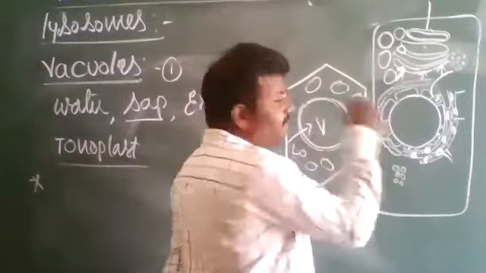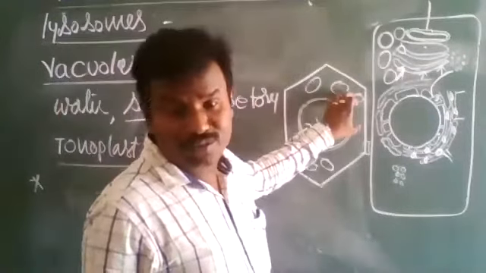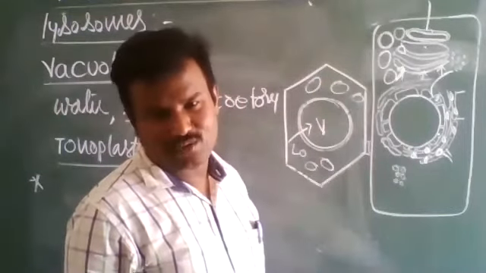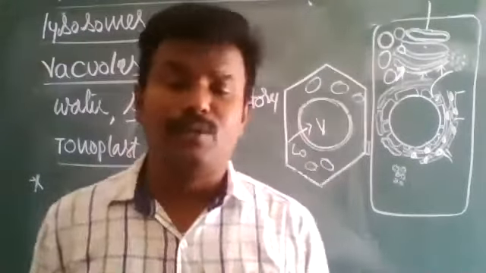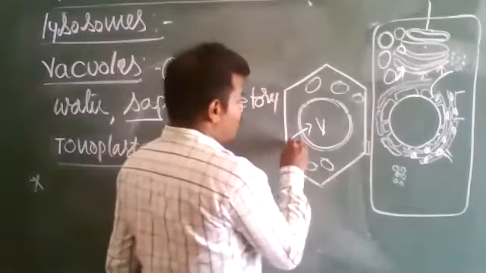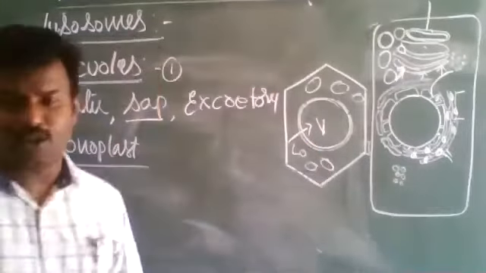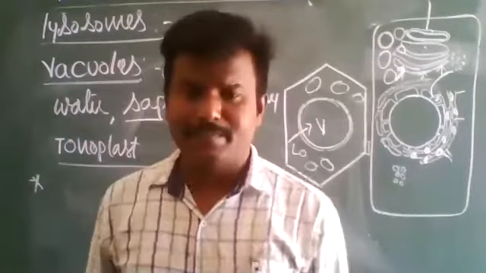So inside of the vacuole, ionic concentration is more than the surroundings. So this membrane is selectively permeable to some molecules, and those ions are transported from lower concentration to higher concentration. That is the explanation about this membrane.